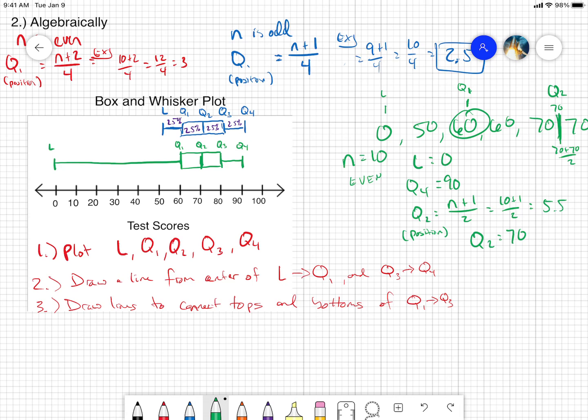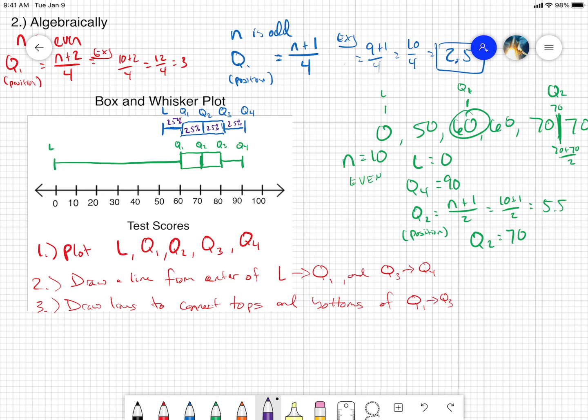So again, look at our data now compared to when we didn't include 0. Our data when we didn't include 0 looks nice, neat, compact, and fairly even. It looks very symmetrical, right? But now with our outlier, we can see that it is not symmetrical, and that one of our whiskers is so much longer than the others.